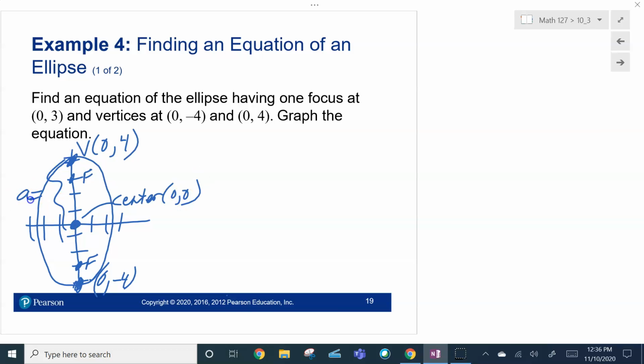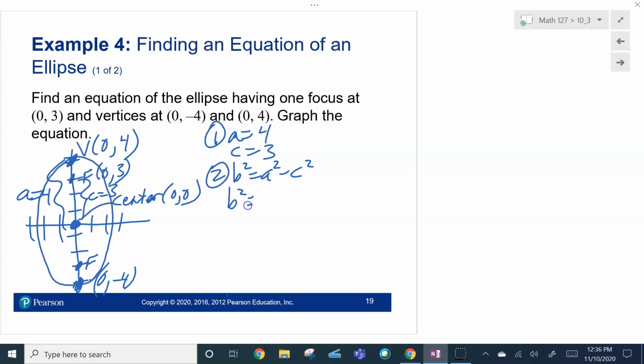I know my a must be 4. I know my c is 3 because they gave us the focus at 0, 3. So I have b squared equals a squared minus c squared.